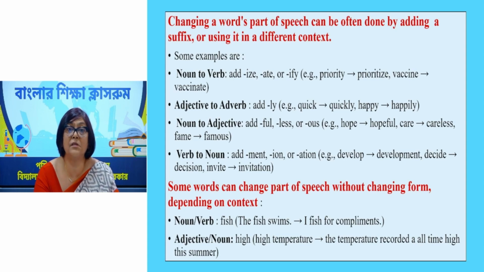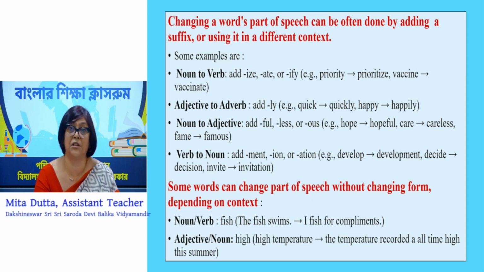This process is called fishing for compliments, or I fish for compliments. Here fish represents I search for compliments. And for searching for compliments, I say something about myself which makes people appreciate me. So here the meaning of fish is search.